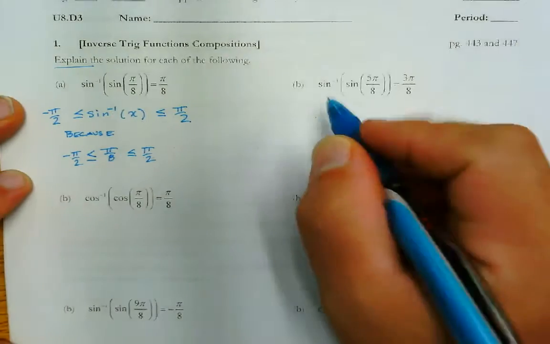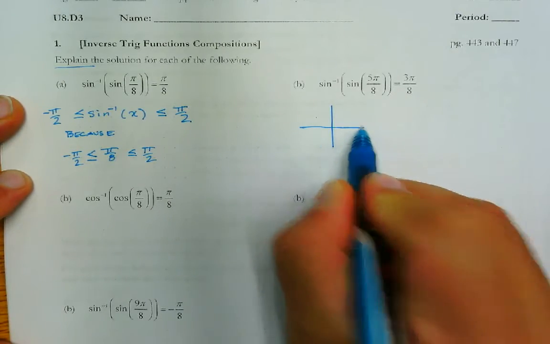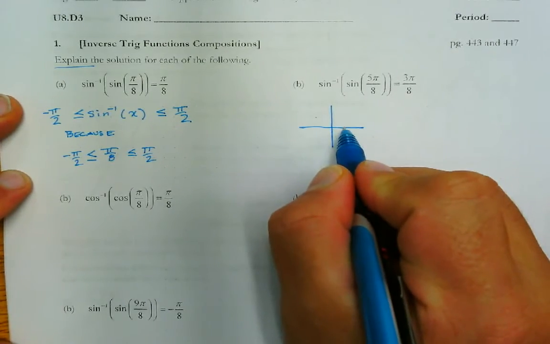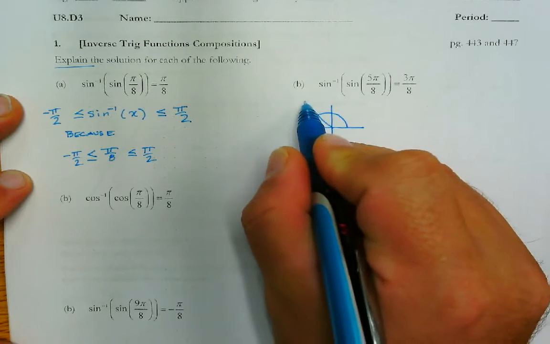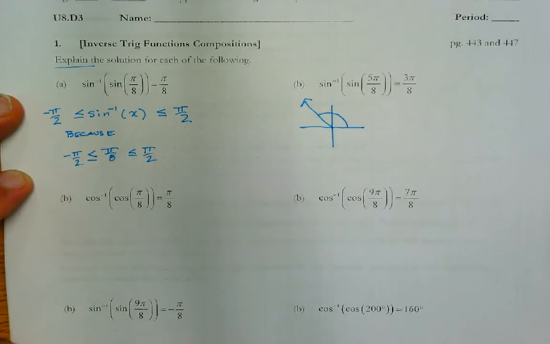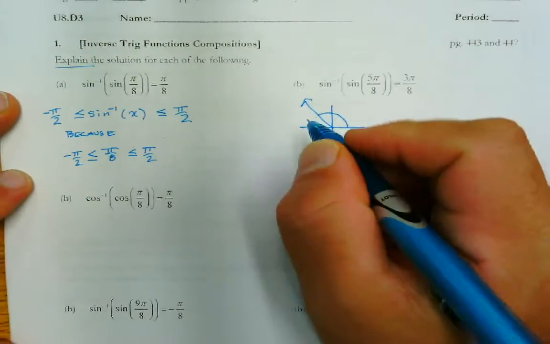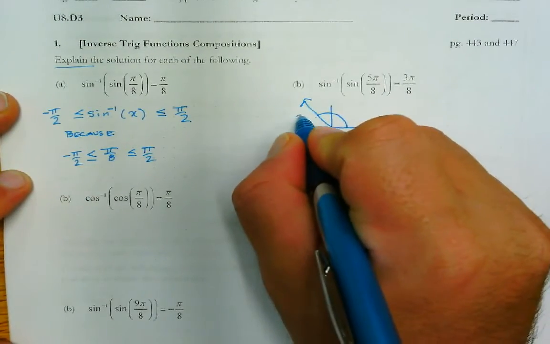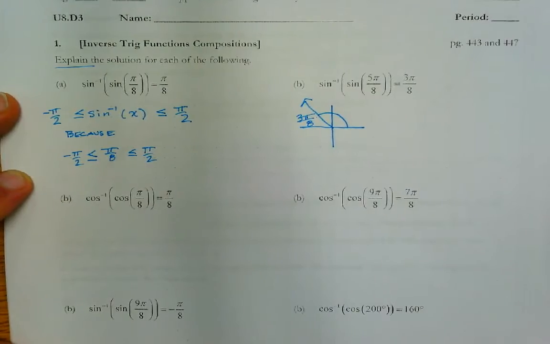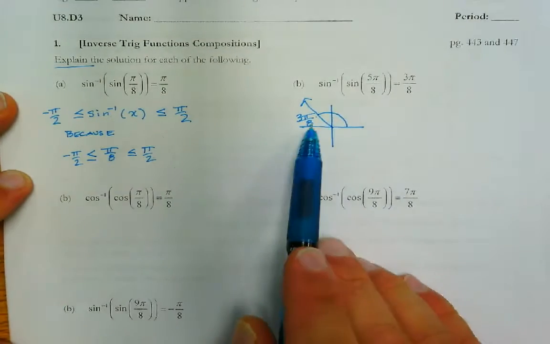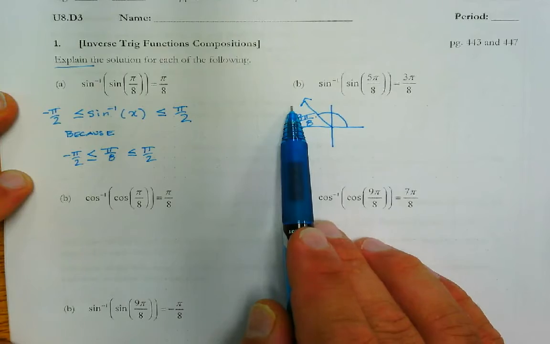Well, why would that be? Let's look at this visually. Visually, 5 pi over 8 is in this quadrant right over here. That's the quadrant where I am, and I know that my reference angle is 3 pi over 8. That's my reference angle for this angle in this quadrant.